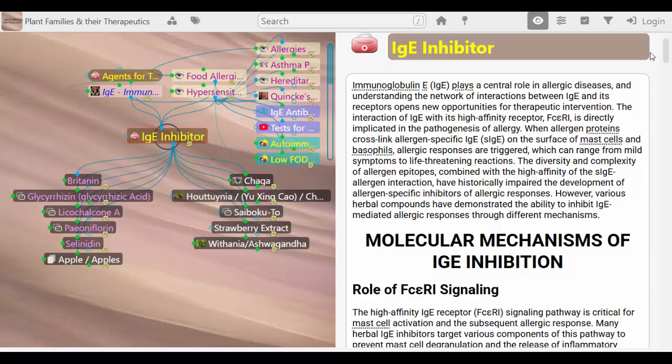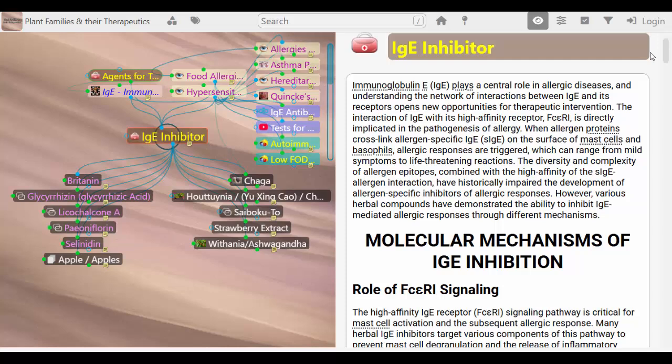The interaction of IgE with its high affinity receptor, FcεRI, is directly implicated in the pathogenesis of allergy. When allergen proteins cross-link allergen-specific IgE on the surface of mast cells and basophils, allergic responses are triggered, and those can range from mild to life-threatening.